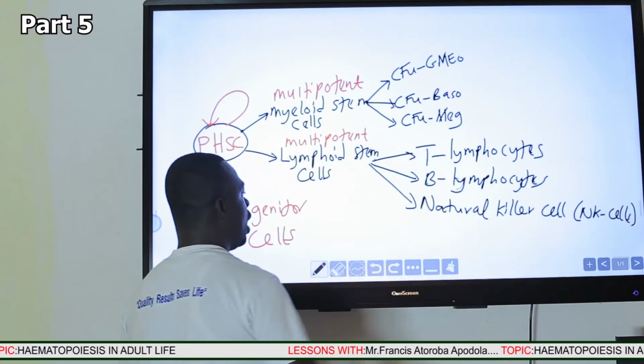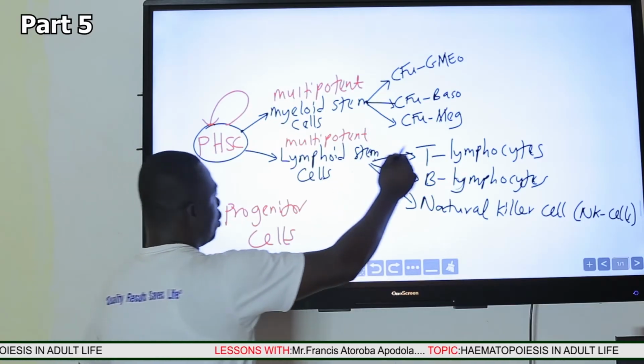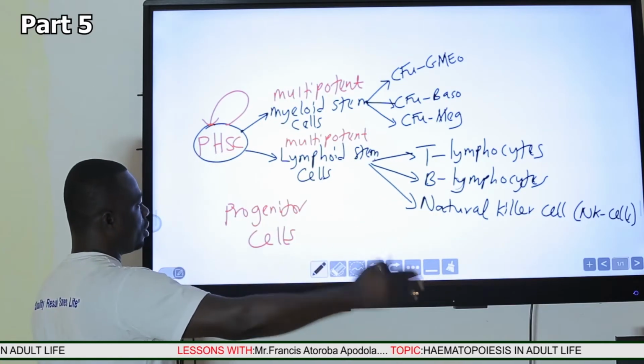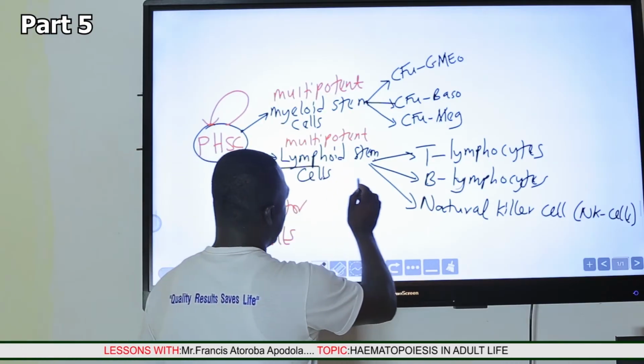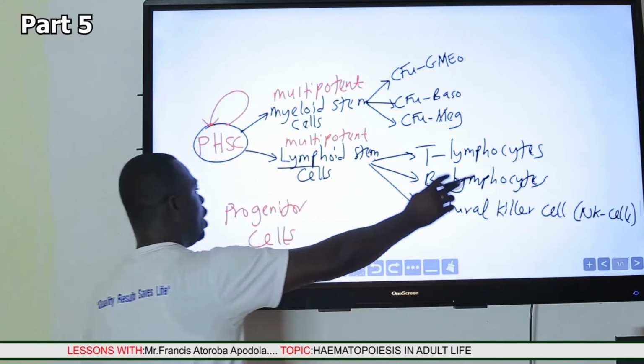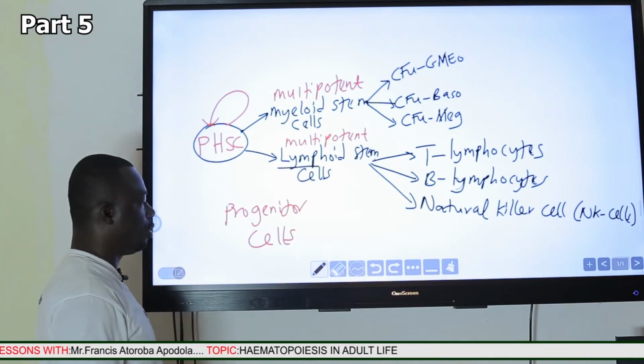All these are white blood cells and they originate from the lymphoid stem cell. Notice the name, lymphoid, lymphocytes. So all the lymphocytes originate from the lymphoid stem cell.